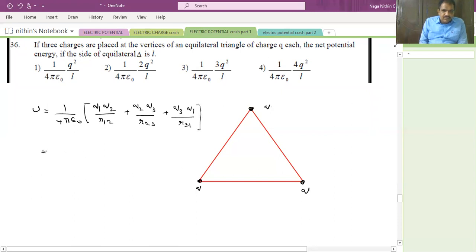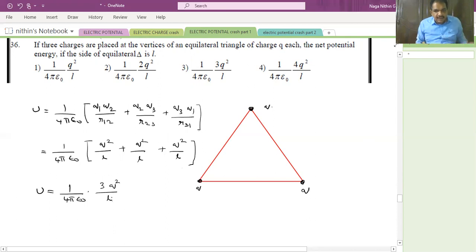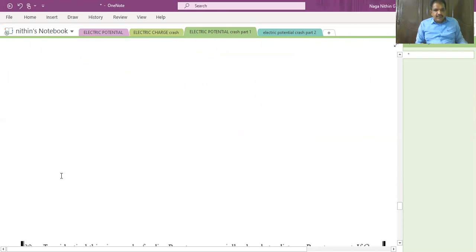So this value will be 1 by 4 pi epsilon naught, Q same only. This will be Q square by L, this will be Q square by L, and this is Q square by L. All the charges are the same Q only. So finally U is equal to 1 by 4 pi epsilon naught, 3Q square by L. This is the value we are getting.